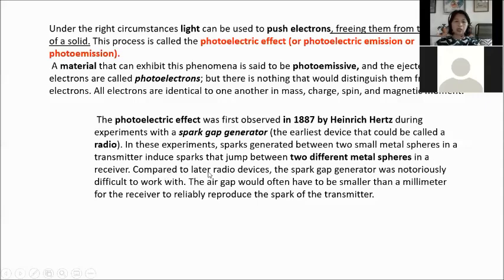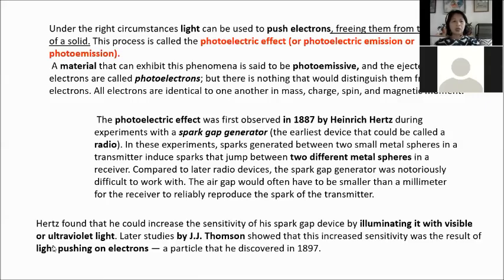Compared to the later radio devices, the spark gap generator was notoriously difficult to work with. The air gap would often have to be smaller than a millimeter for the receiver to reliably reproduce the spark of a transmitter.